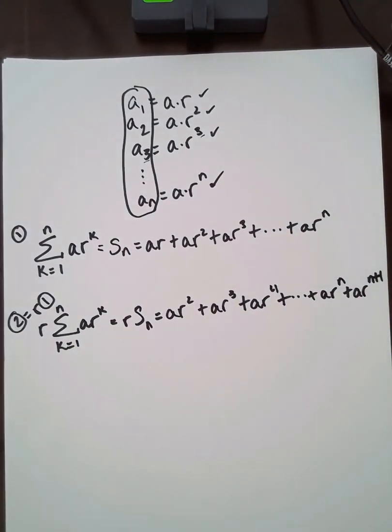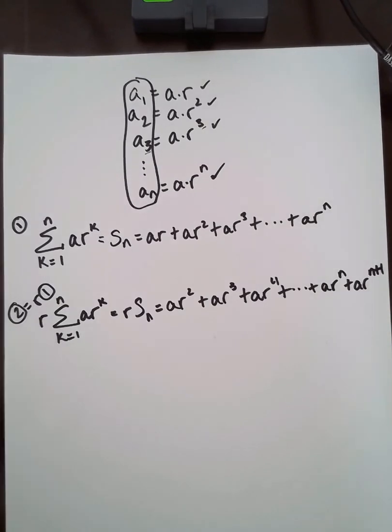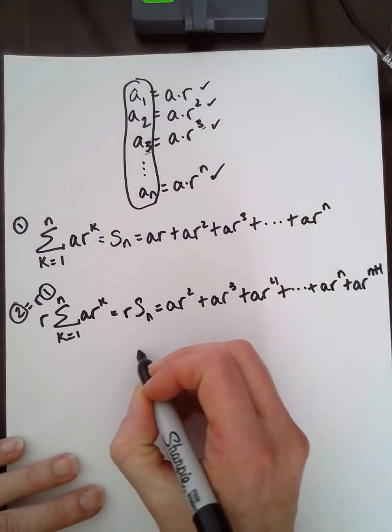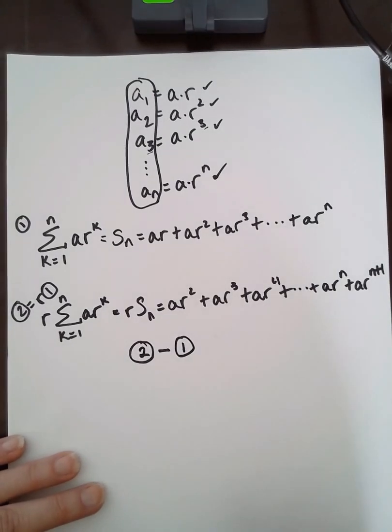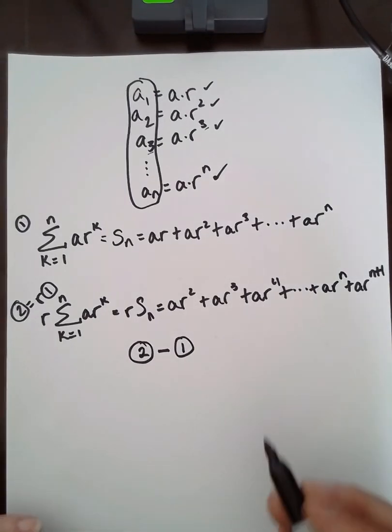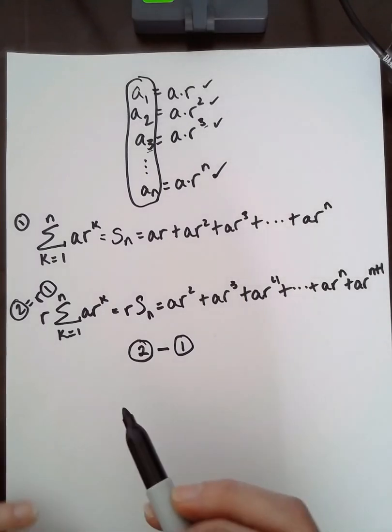Almost there. In order to find the closed form, we want to take equation 2 and subtract from it equation 1. What's going to happen is that several of these terms are going to reduce to 0.